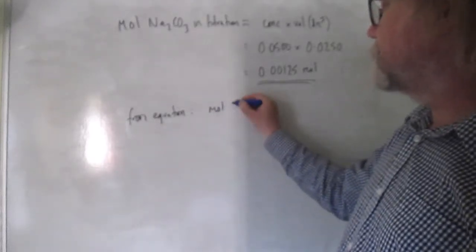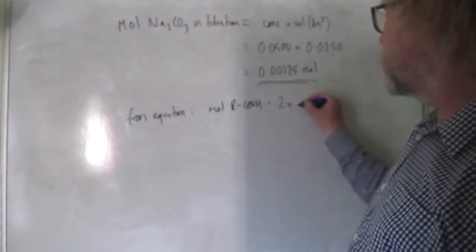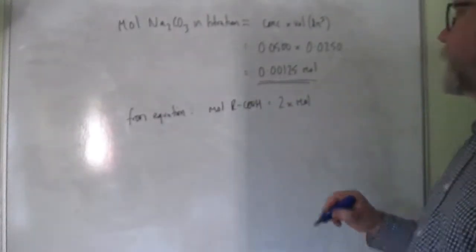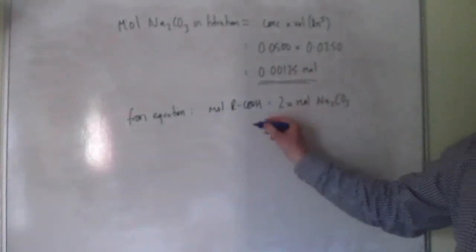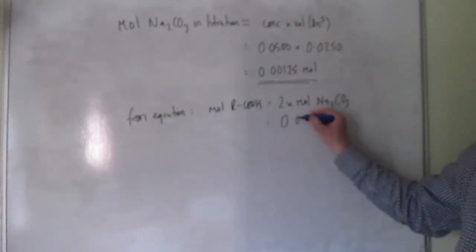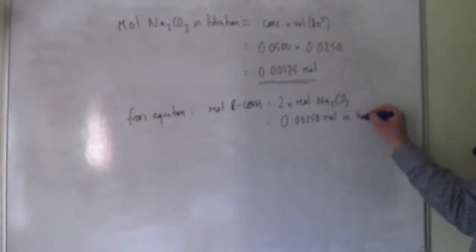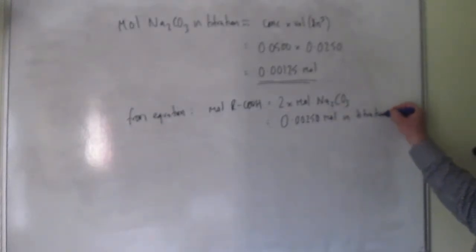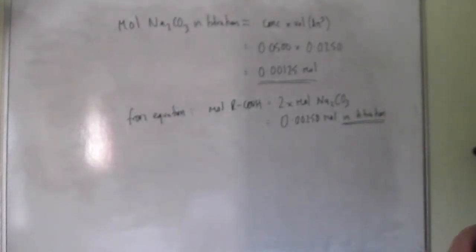It tells you that moles of RCOOH is double the moles of Na2CO3. So we've got to double that number, which is 0.00250 moles in the titration. So that's not yet the answer to the question, because that's how many moles there were in the titration.